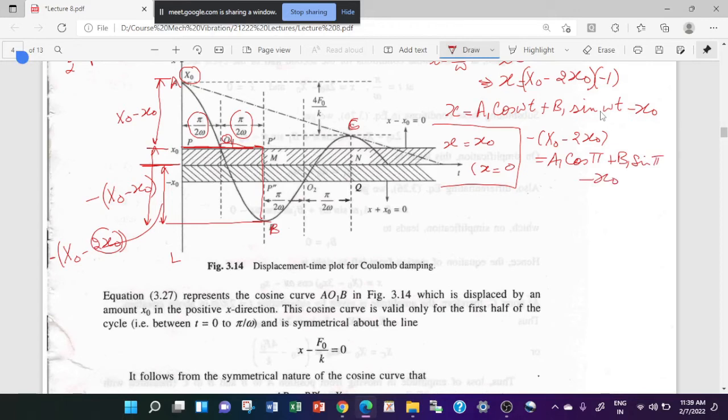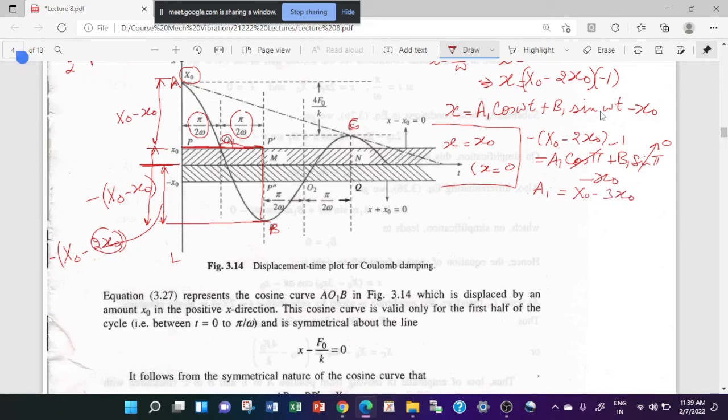You can say sin 0 is 0, sin pi is also 0, and cos pi is equal to minus 1. So you can say a1 will be equal to x naught minus 3x naught.